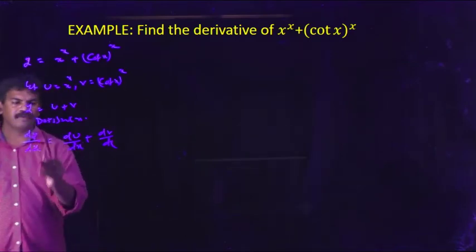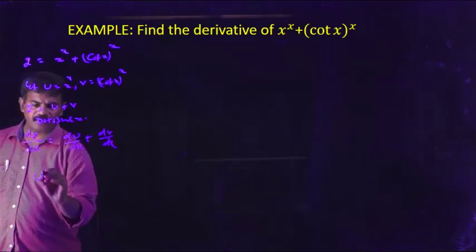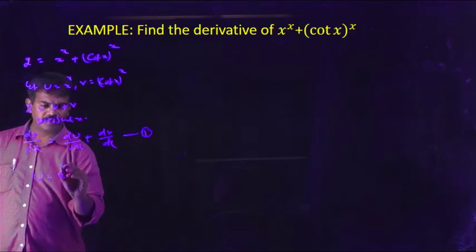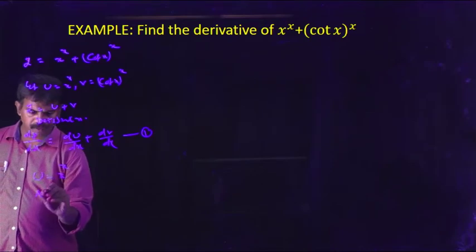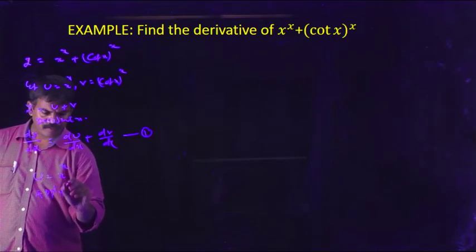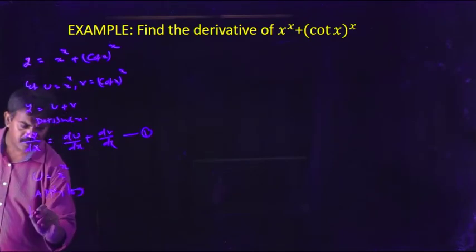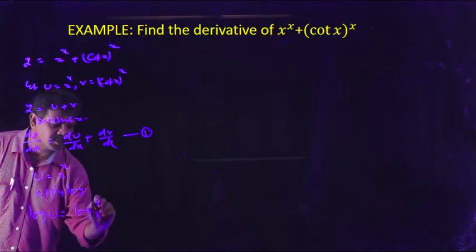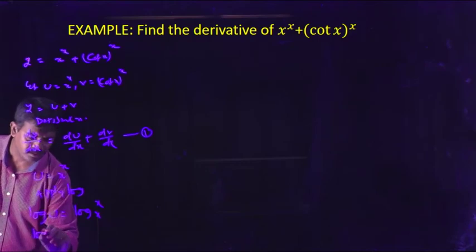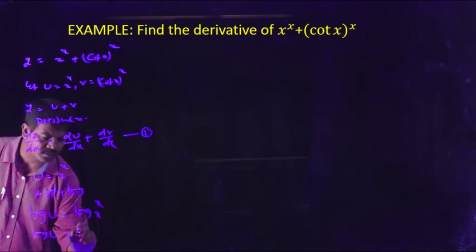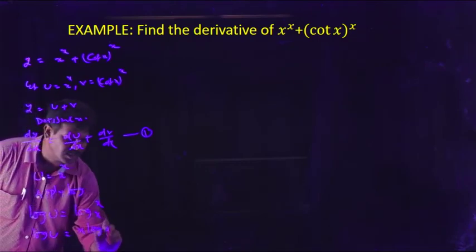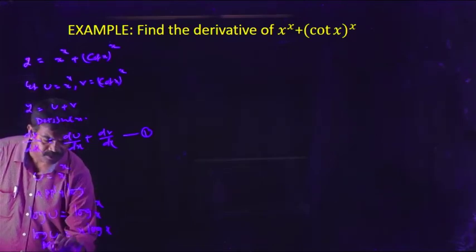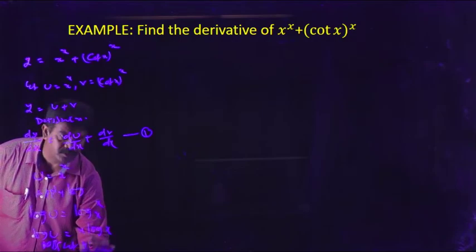So you take first u is equal to, say that it is equation 1. U is equal to x power x. Apply log. Log u is equal to log x power x. Log u is equal to x into log x. Differentiating on both sides with respect to x.